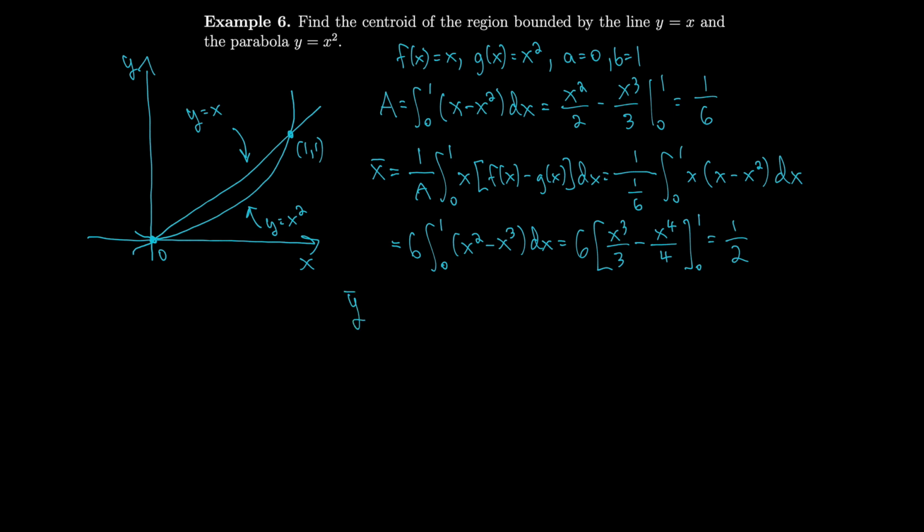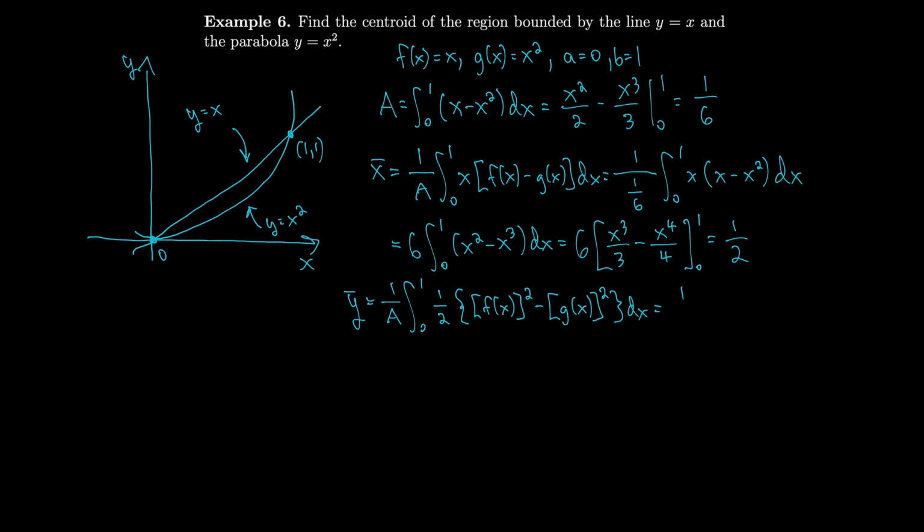For y bar, we take 1 over A, multiply by the integral of 1/2, and then we have to do the difference here of f of x squared minus g of x squared. So it becomes a little bit different.